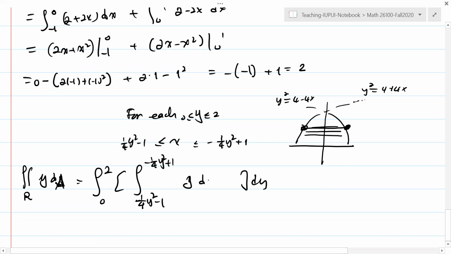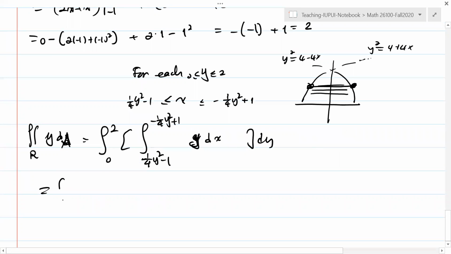Here's the y and the dx. And this y is independent of x, so you can take it out. Just y. The antiderivative, so you take the difference, right? As the top one minus the bottom one. So a quarter of y squared plus 1 minus a quarter of y squared minus 1, okay?